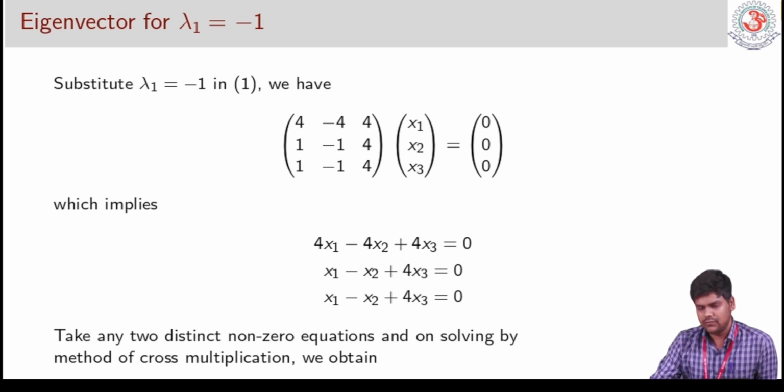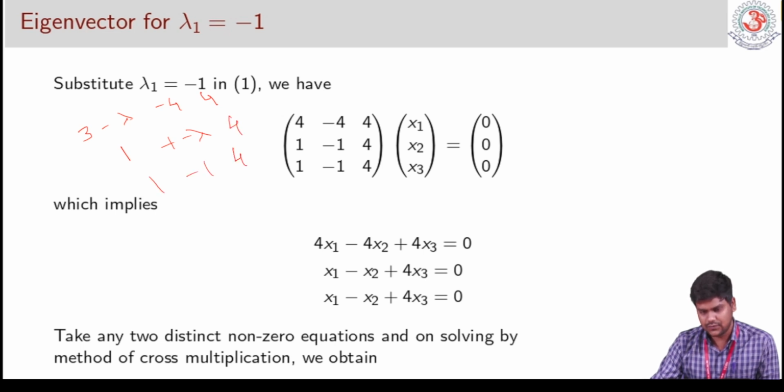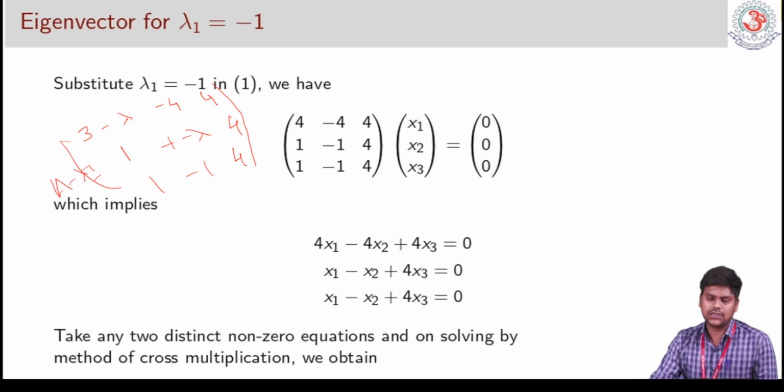We already have the matrix with rows (3 minus lambda, minus 4, 4), (1, minus 2 minus lambda, 4), (1, minus 1, 3 minus lambda). This is nothing but A minus lambda I. In this we are going to put lambda equal to minus 1.